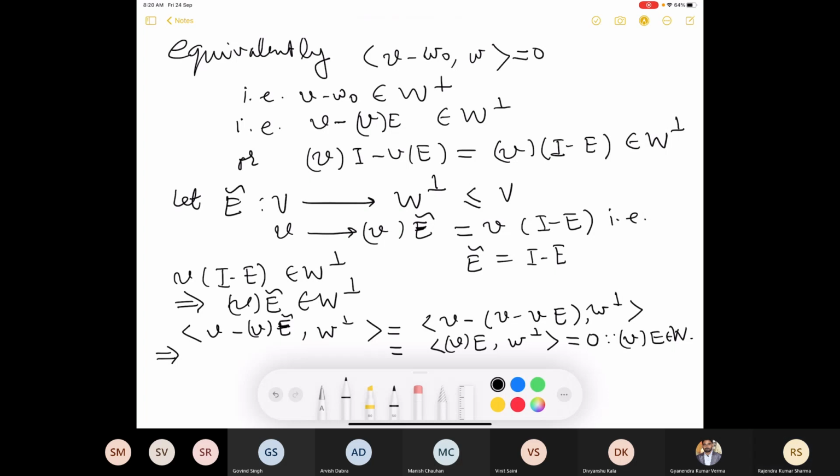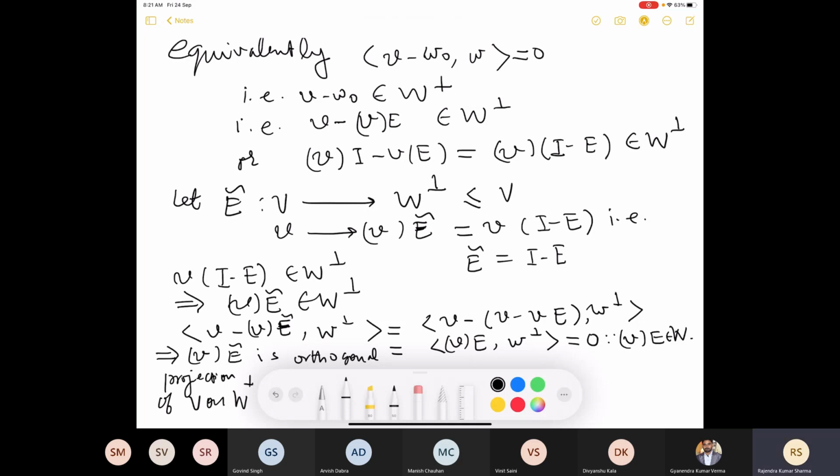So this tells that V E tilde is an orthogonal projection of V onto W orthogonal.